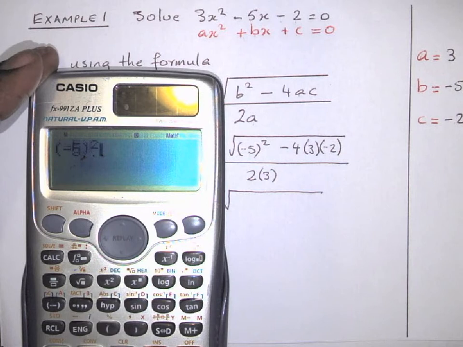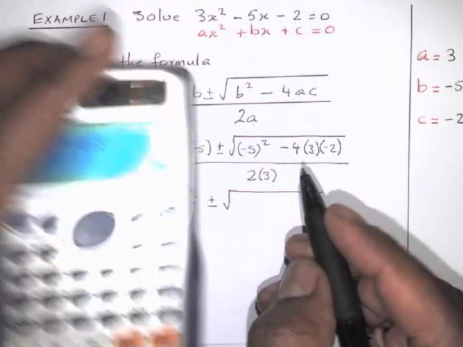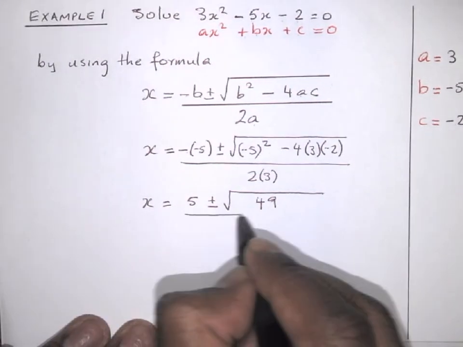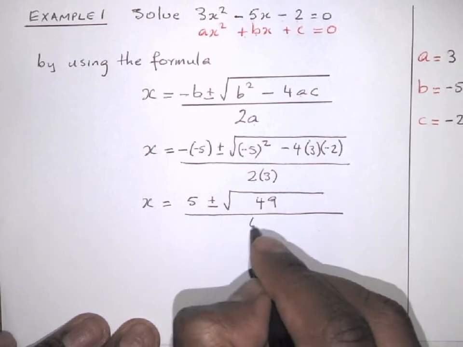Then minus 4, then open the bracket, there is a 3, close bracket, open bracket, minus 2, close bracket, and the answer is 49. So under the square root I get 49. So that must all be divided by 2 times 3, which is 6.